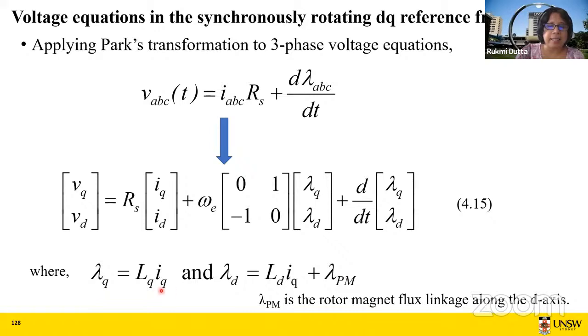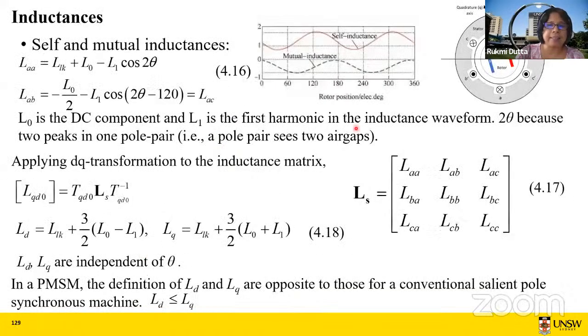So what are these LD and LQ? Are they still theta dependent? To examine this, we have to go to the next slide. So our inductances were, if you remember, the self-inductance was a function of theta, and the mutual inductance was also a function of theta.